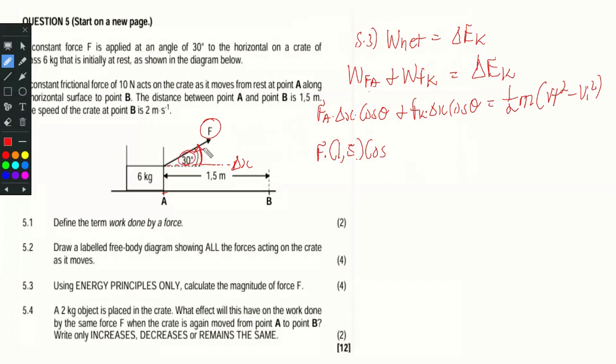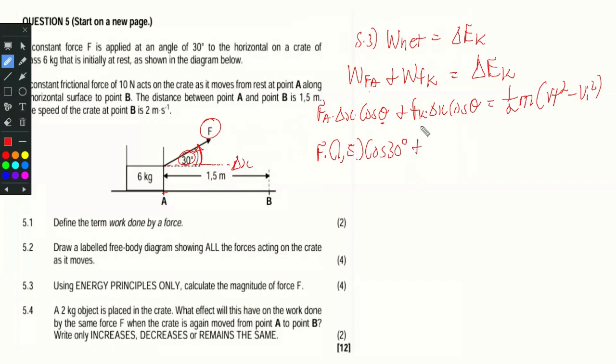Again, on that video, I do mention that if the force is being applied at an angle, what you consider here as theta is the angle at which the force is being applied, right? So we are not going to put 0 this time around. We are going to put 30 degrees, right?